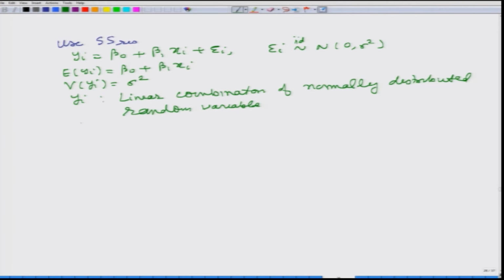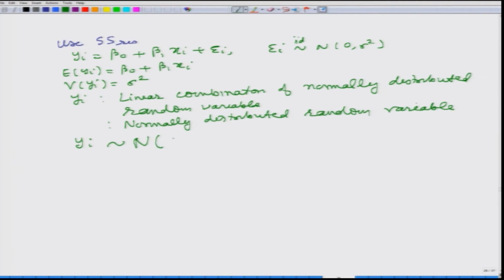So, I can also write that yi will also be a normally distributed random variable. Right. So, I can write down here yi's are going to follow a normal distribution with mean beta 0 plus beta 1 xi and variance sigma square.